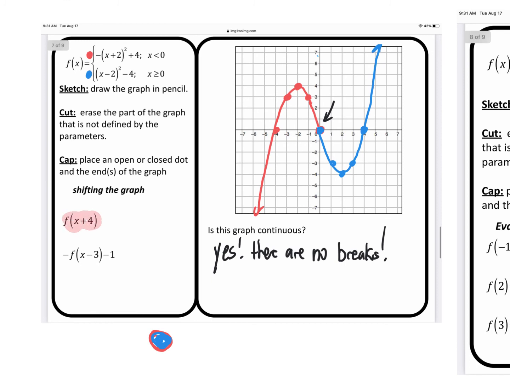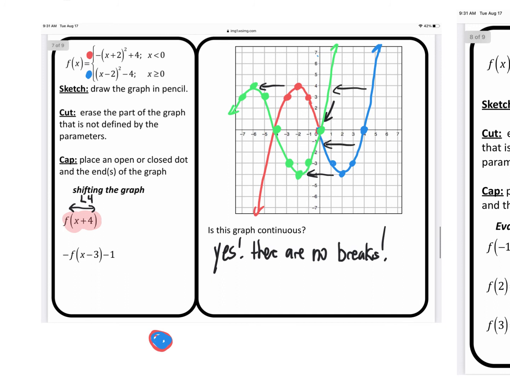Notice it says right here we can shift that entire graph in the opposite direction, right? Because it's in here. So we would go left 4. So if I shifted the graph that we did a moment ago, it would look like this. All those points would be going left 4. Okay, so that's a legal move. So the whole graph is going left 4.